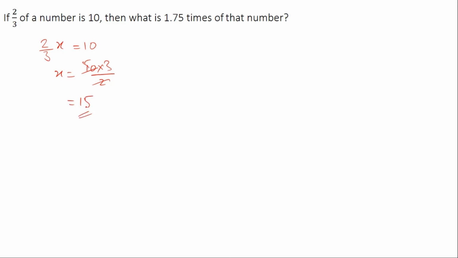Now what we have to find out? We have to find 1.75 times of this number. So simply multiply 1.75 into 15. When you solve it, you will get the answer 26.25.